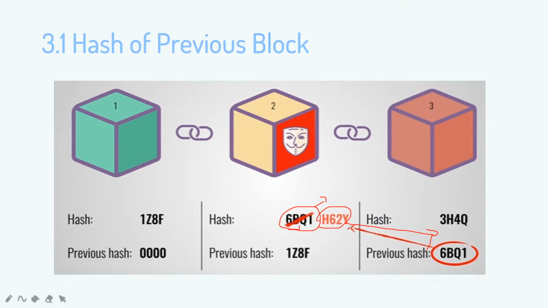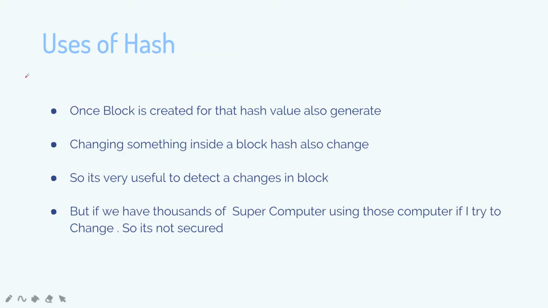Okay, the next one, use of hash. Once the block is created, the ASCII value is also generated, and if you try to change something inside the block, the ASCII value will also change. So that is one of the important security features, and it is used to detect changes to the block.